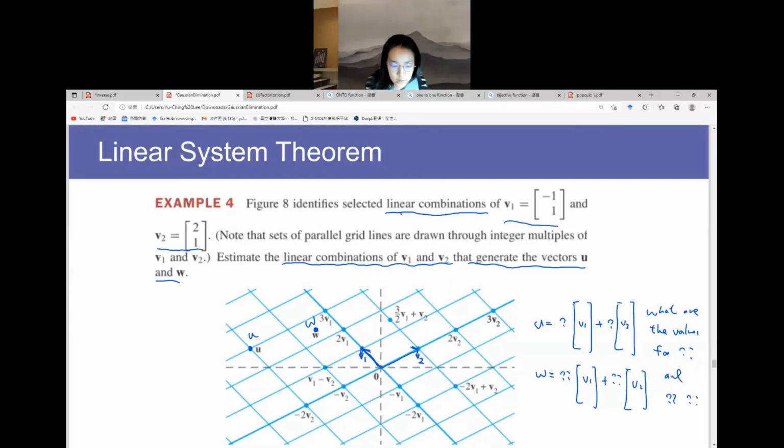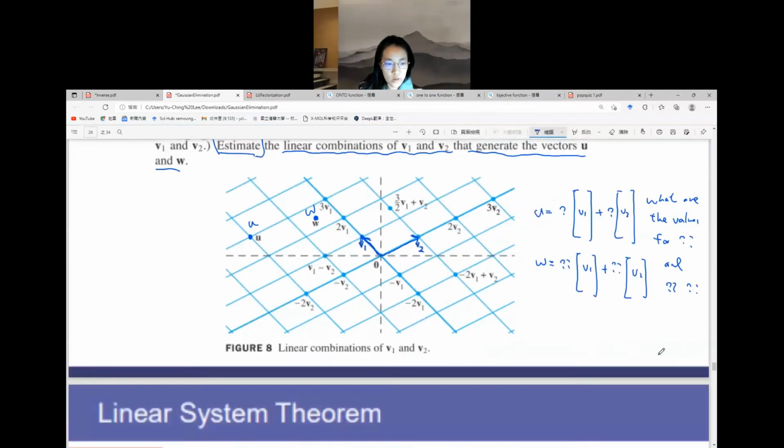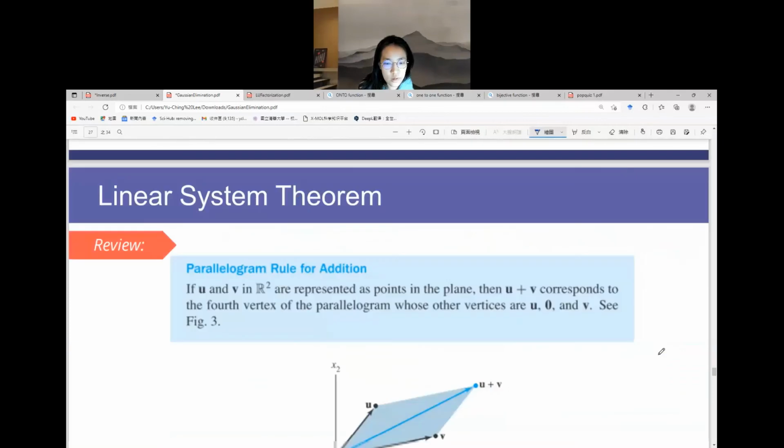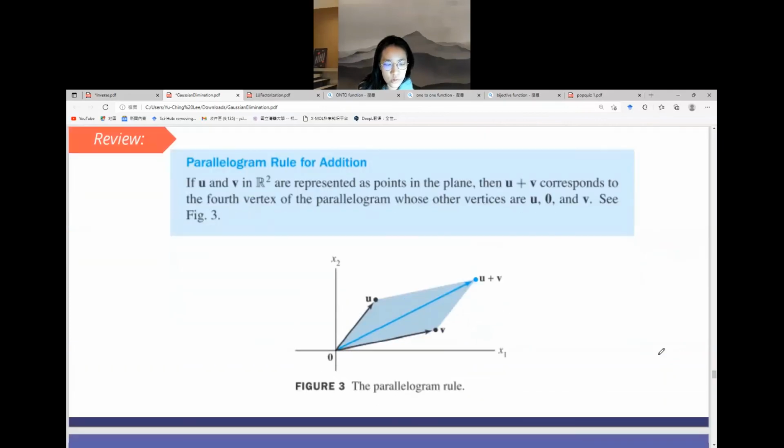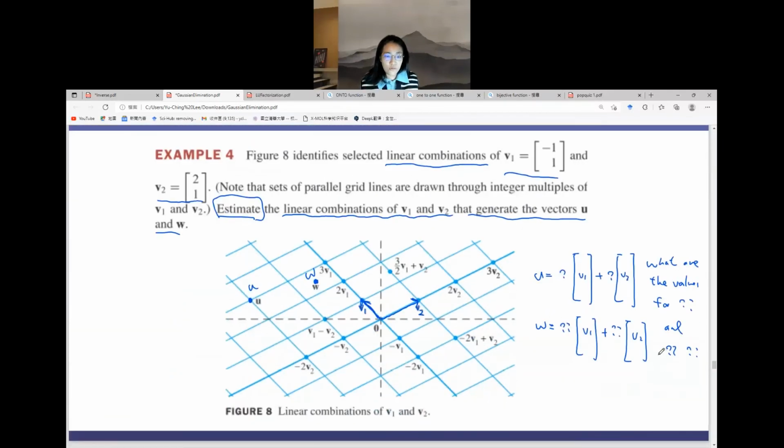Okay, so that's how we were asked to estimate. So we need to roughly find out the values of the scalars that can do the combinations of V1 and V2, but then eventually the result is U and W. Okay, let's roughly estimate it.